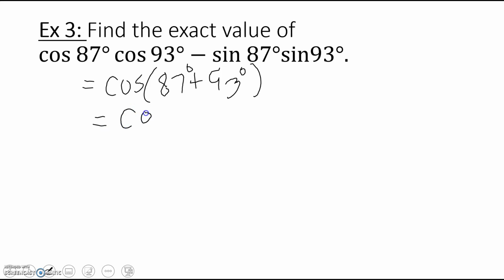So this will be equal to the cosine of 180 degrees. And we know that the cosine of 180 degrees is -1. So -1 will be the exact value of this problem.